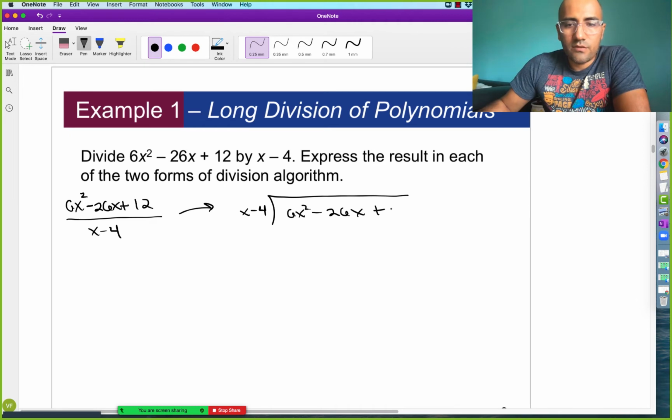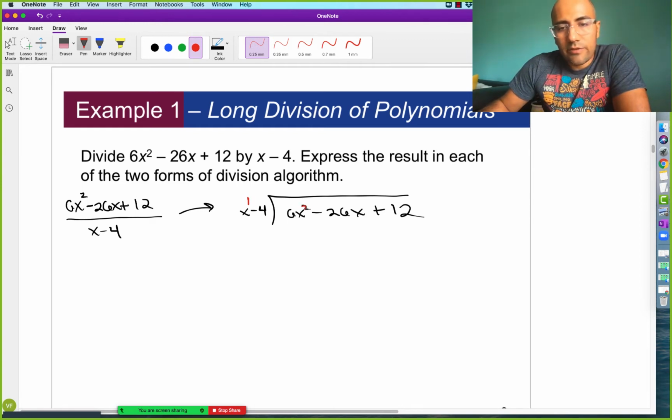26x plus 12. Okay, so we have to make sure, first of all, that all the powers are represented in descending order. It's already been satisfied here, but we'll see another case where it's not. The power is 1 there, and then the next one has to be x to the 0 power, or no x.